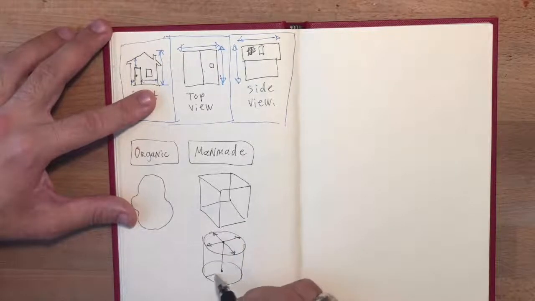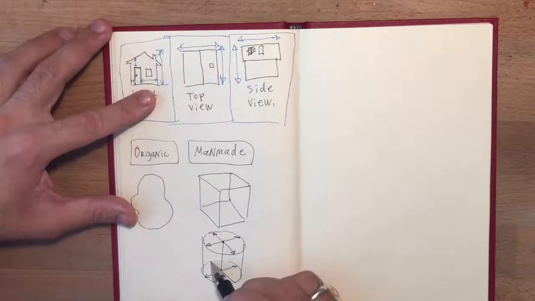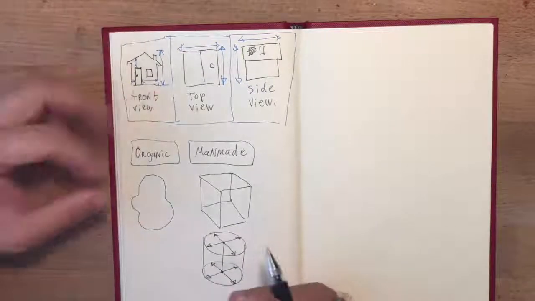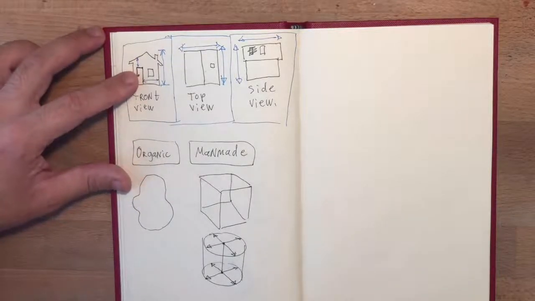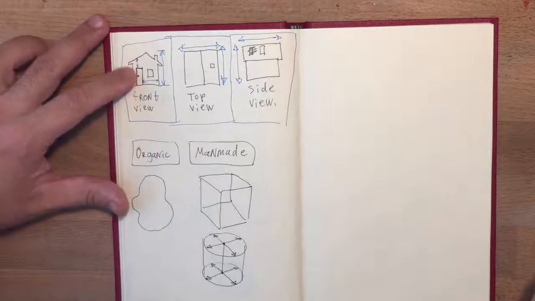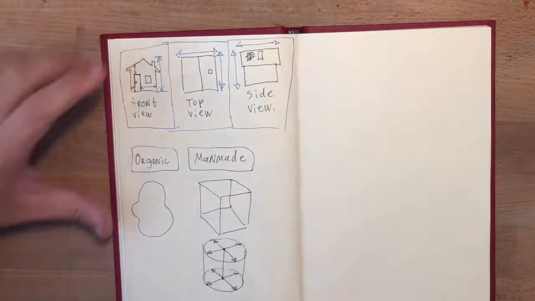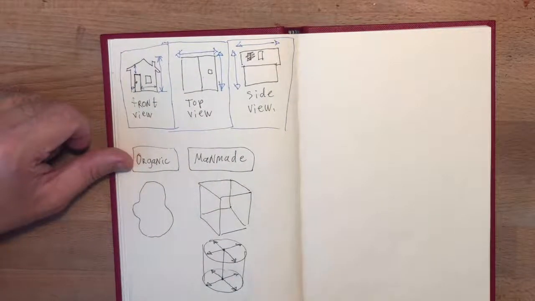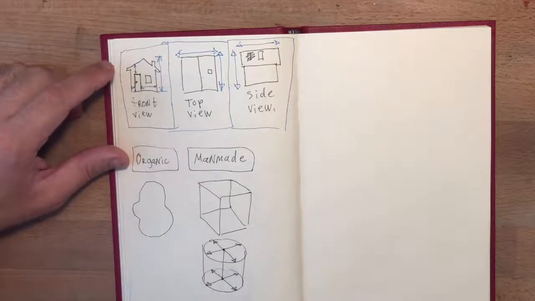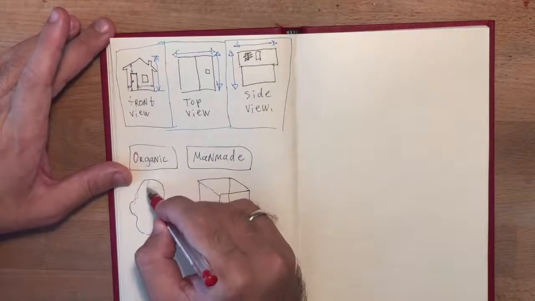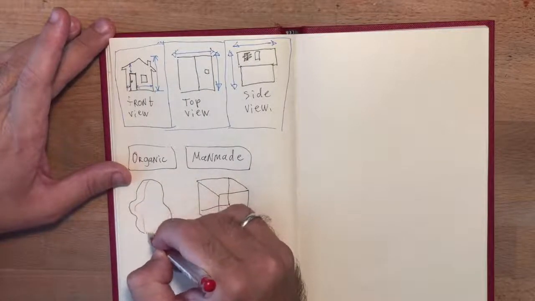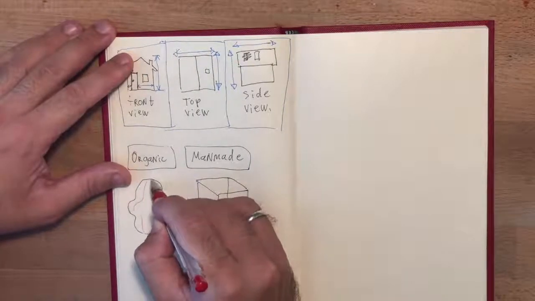So it means it will be symmetrical or asymmetrical in a design way with some purpose for it. And here still, no matter what kind of object, you should always be able to see these three sections.